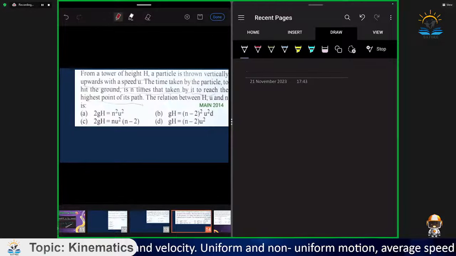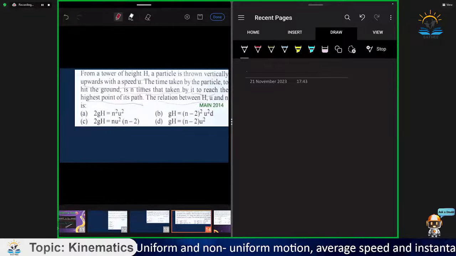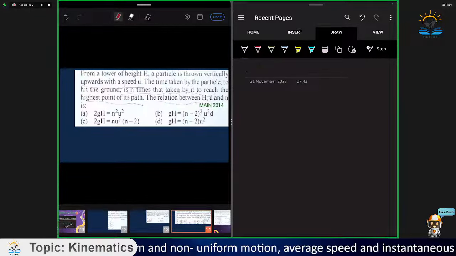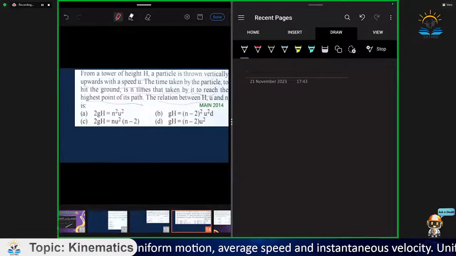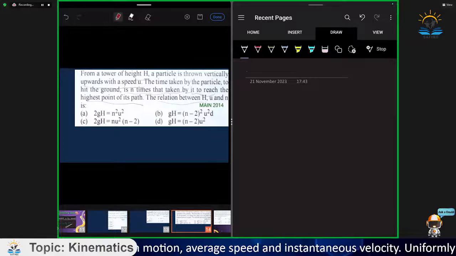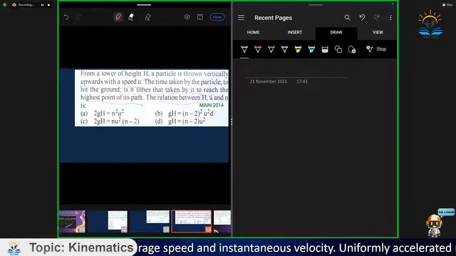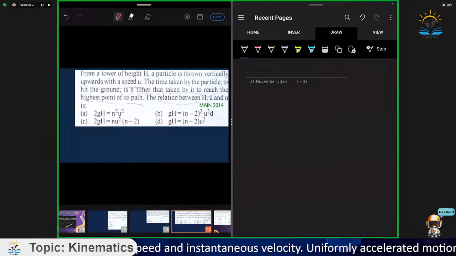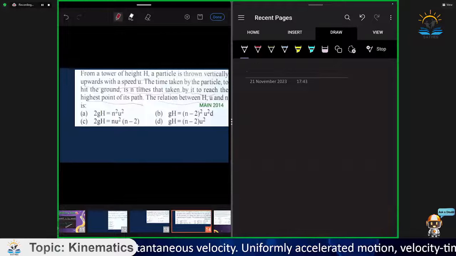The relation between the tower height h, the speed u with which the particle is thrown vertically upwards, and n, how many times. So you have to derive a relation between capital H, U, and N.